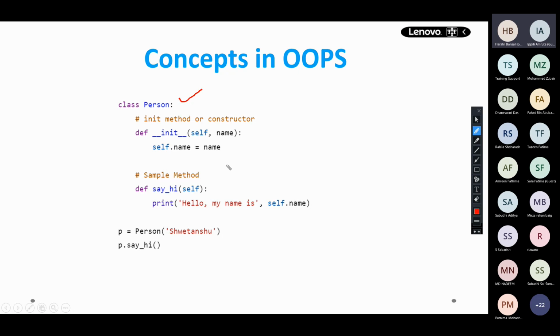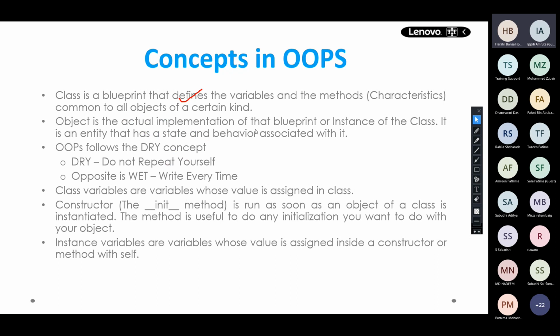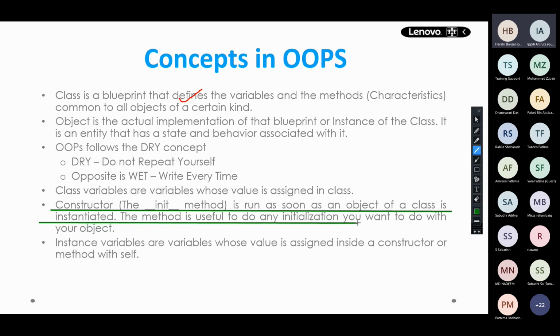Constructor is basically a method which automatically runs as soon as a particular object of the class is created. A constructor runs as soon as an object of the class is instantiated. The method is useful to do any initialization you want to do with your object. This is what happens in your constructor.